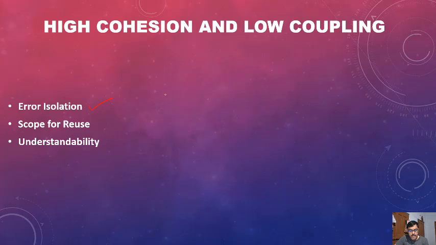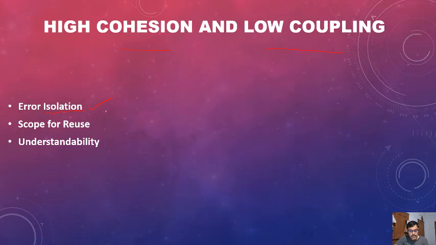The reason is that if a module is functionally independent, then the interaction with other modules is very low, and therefore an error existing in the module is very unlikely to affect the other modules' functionality. So as this module is functionally independent and the interaction between these two modules is very low, that's why we want to make our modules with high cohesion and low coupling.